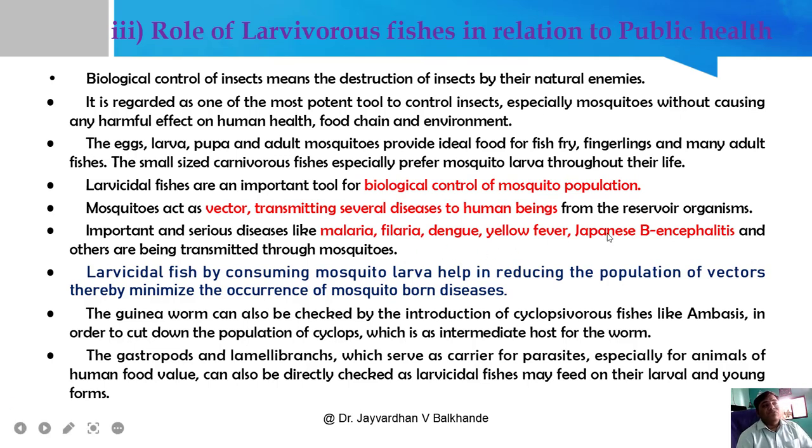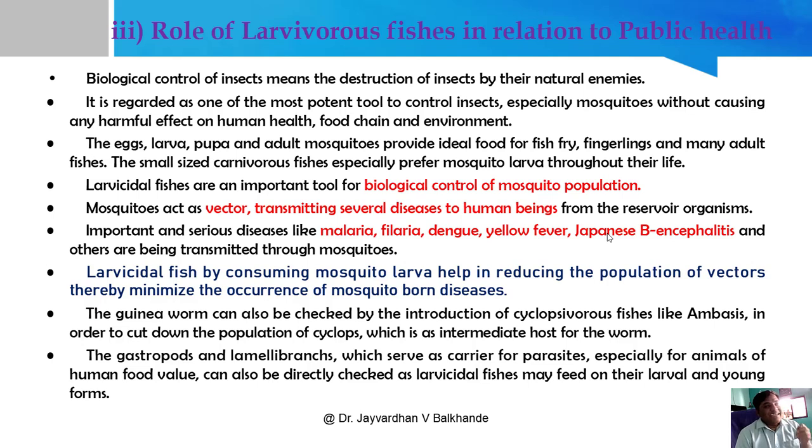It is regarded as one of the most potent tools to control insects, especially mosquitoes, without causing any harmful effect on human health, the food chain, and the environment. Because of the presence of larvivorous fish in the water body, there is no harmful effect on human health, the food chain, or the environment. So it is the most potent tool to control insects.